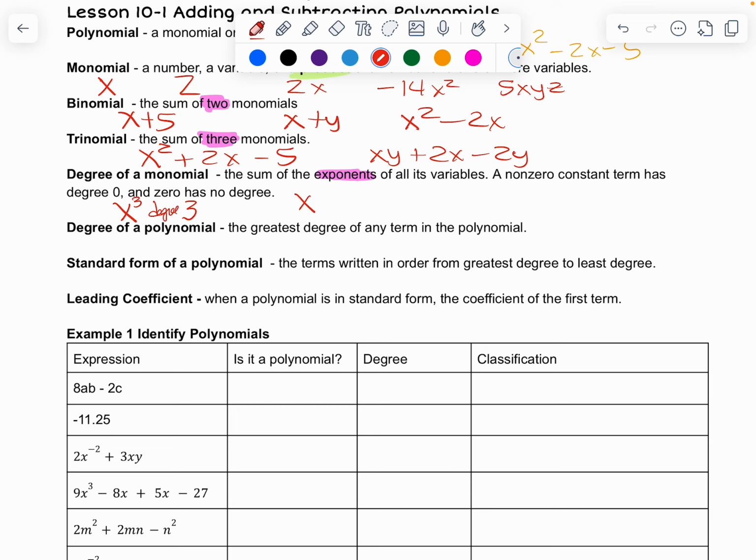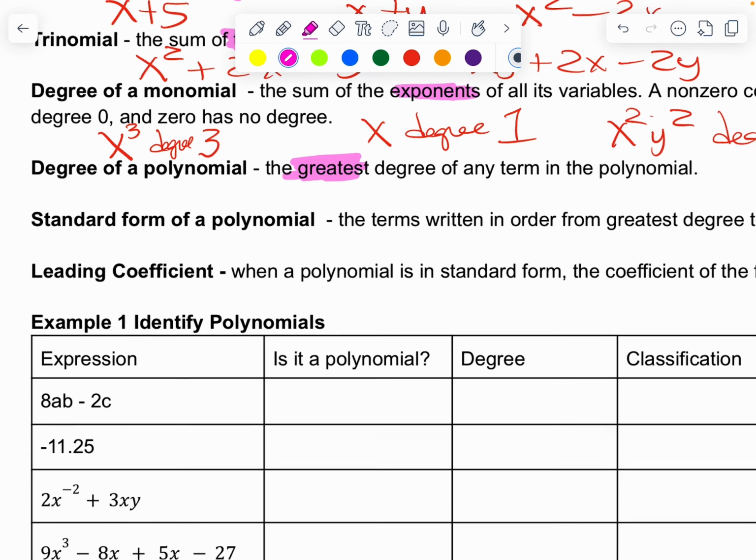If I have x, the degree is 1. If I have x squared y squared, the degree is 4, because you add those two exponents together. The degree of the polynomial is the greatest degree of its terms.